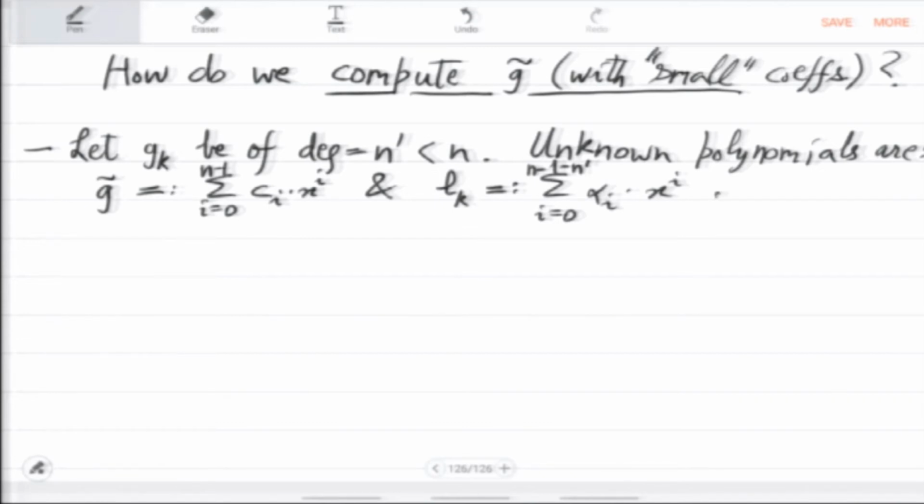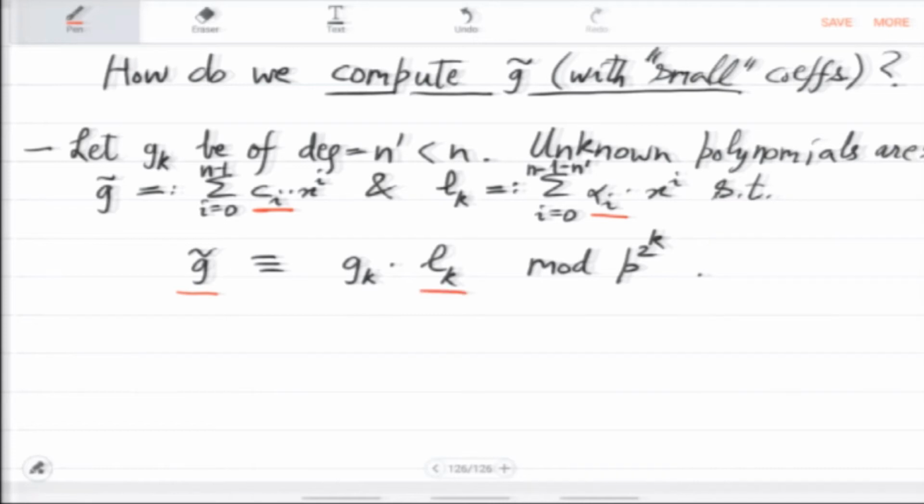Fine. So you have to find these, satisfying the constraint G tilde is congruent to Gk times Lk mod p raised to 2 raised to k, and the unknown coefficients are Ci, alpha I, and in this equation it's G tilde, Lk, right.